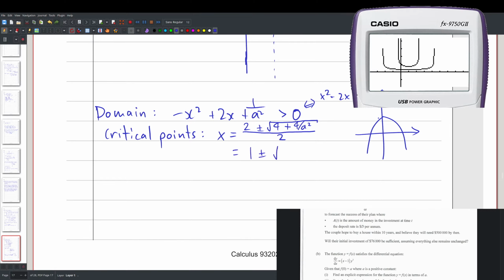So 1 plus or minus the square root of 1 plus 1 on a squared. This seems right? This seems right?